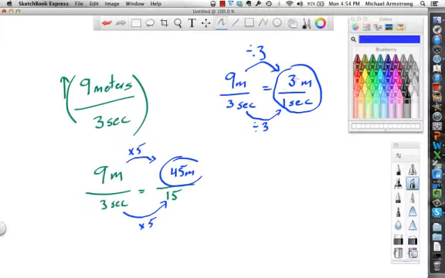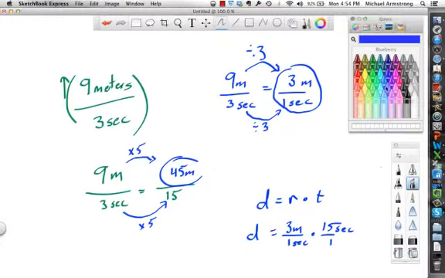So if you know it's up 3 meters every 1 second, distance equals rate times time. So our rate is 3 meters every 1 second. And we're going to multiply by 15 seconds, over 1 so that our fractions look the same. And this is going to equal our distance.